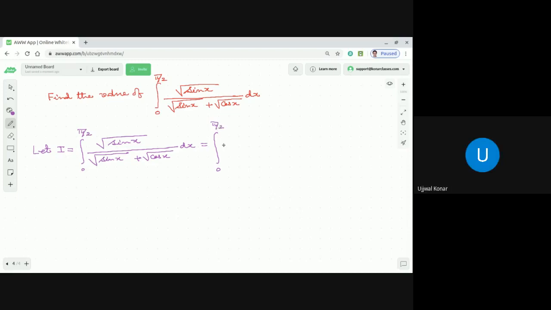What is fx here? fx is square root of sin x by square root of sin x plus square root of cos x. So that will become square root of sin of pi by 2 minus x divided by square root of sin of pi by 2 minus x plus square root of cos of pi by 2 minus x dx.